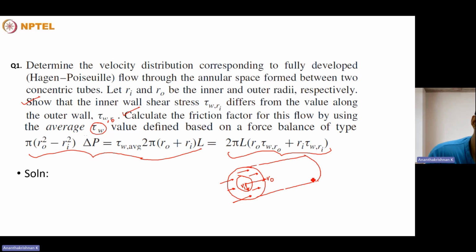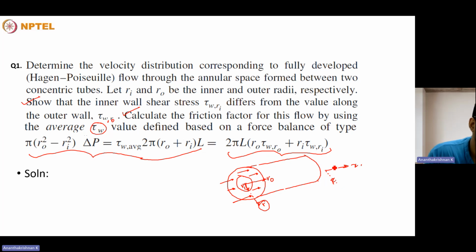And let this be the x direction, and this will be the r direction.